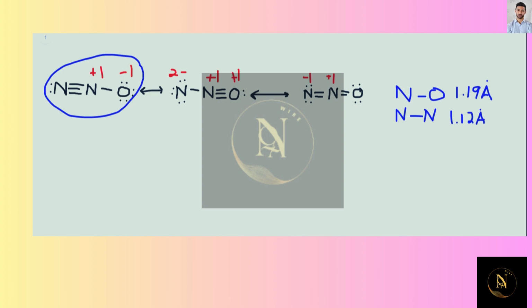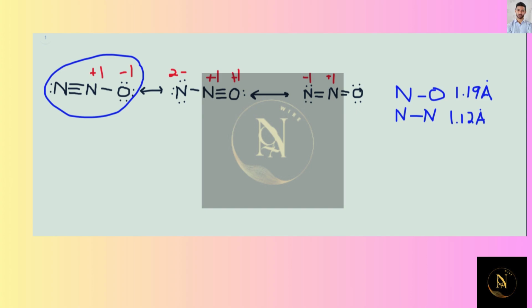So our NN bond length is going to have a partial single bond and a partial double bond, and your NO is going to have a partial triple bond. So it's not going to be like this, because this is a double bond, single bond.